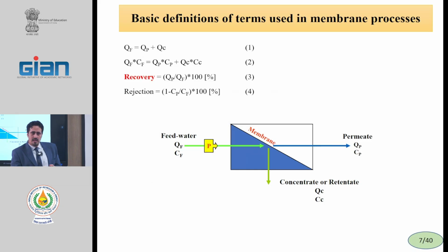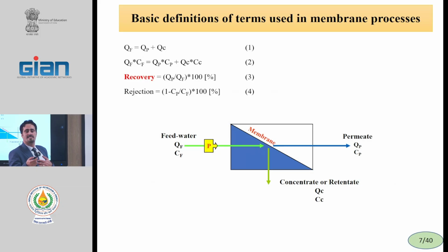What is recovery? Recovery means how much of the feed results in our product. In this case, usually the permeate is our product. It is the amount of our product, that means permeate, per amount of the feed. For example, we have 100 kilogram of feed, and this changes to 70 kilogram of our product.